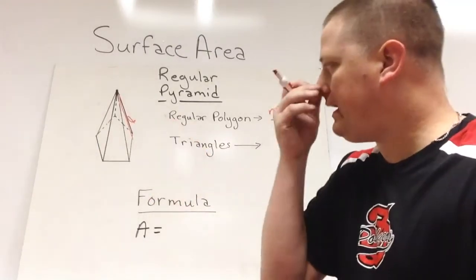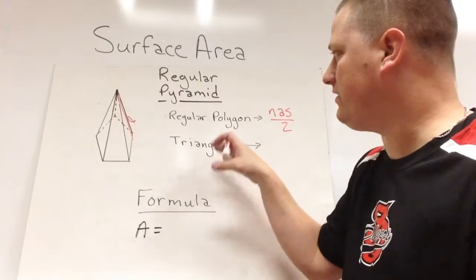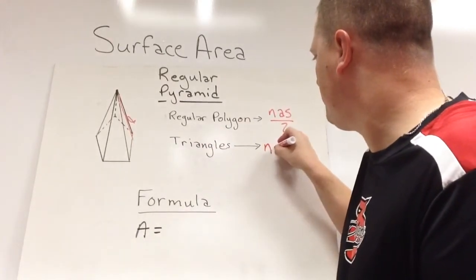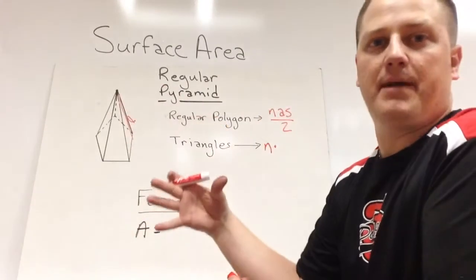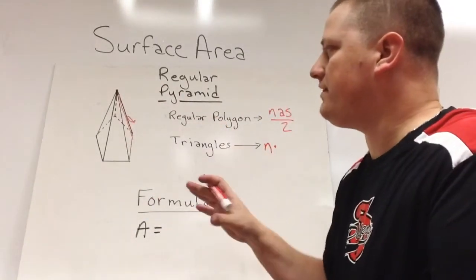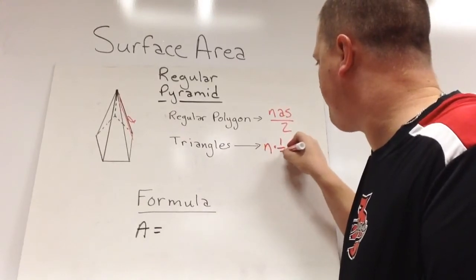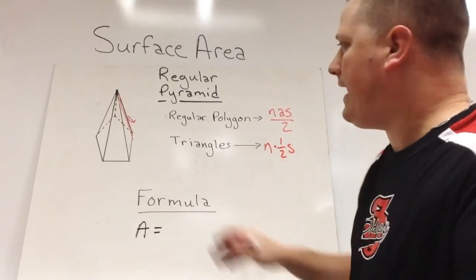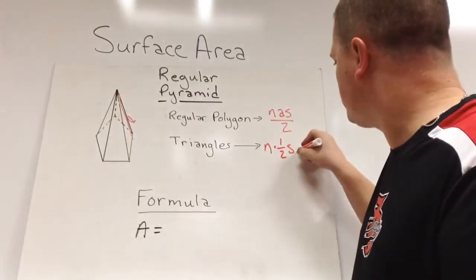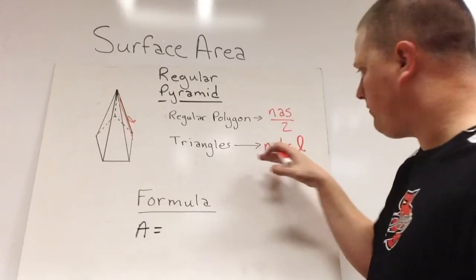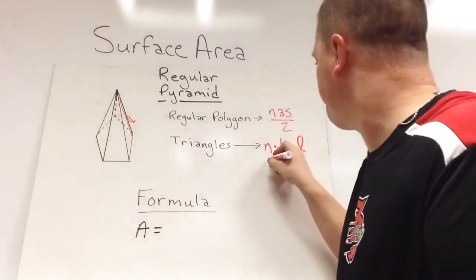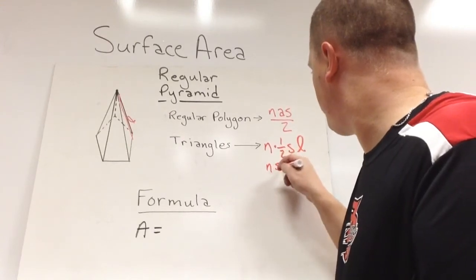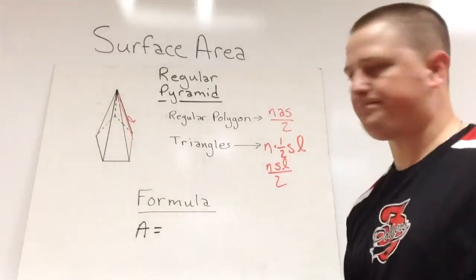Okay, so what we need is to find the area of the triangle, and we multiply that by the number of triangles. So N, remember, stands for the number of sides. That's how many triangles there would be. And then the triangle formula is 1/2. Our base would be our side length, and our height of the triangle would be our slant length. So if we reorganize this, it would be NSL over 2.